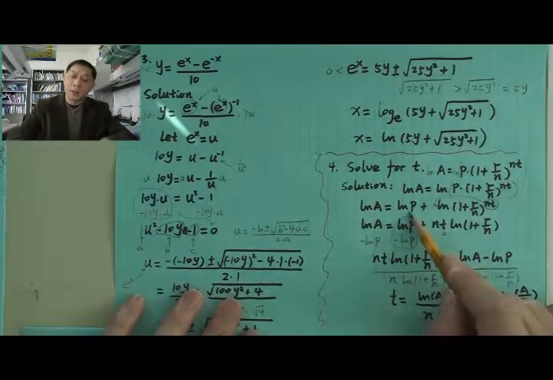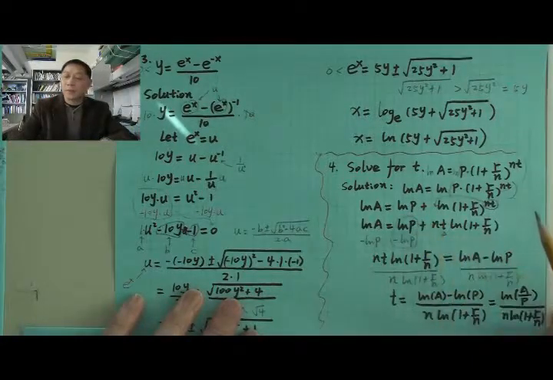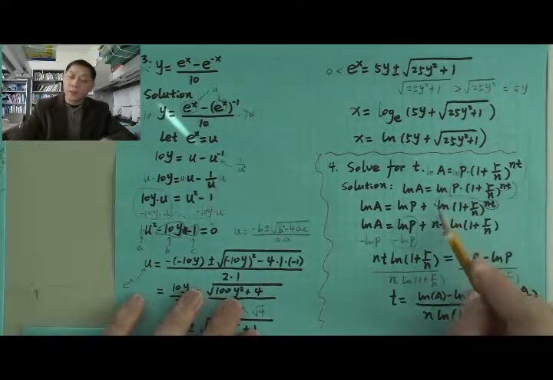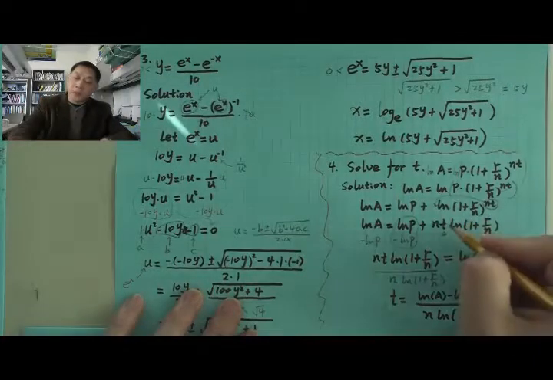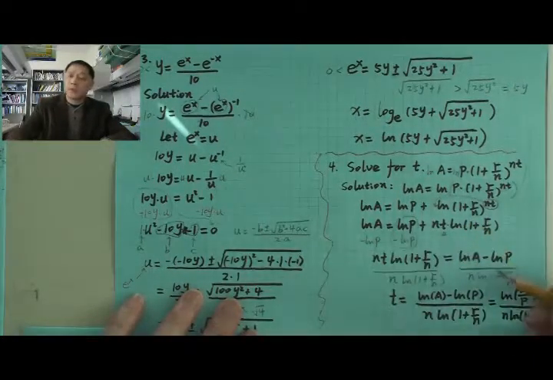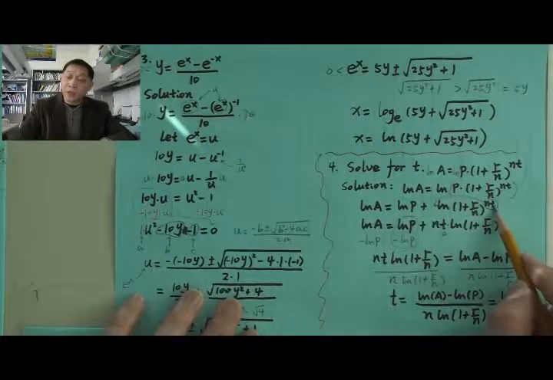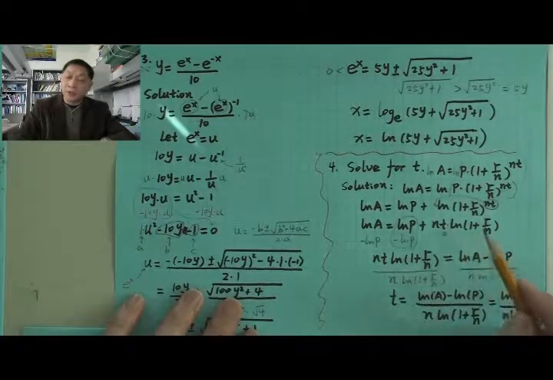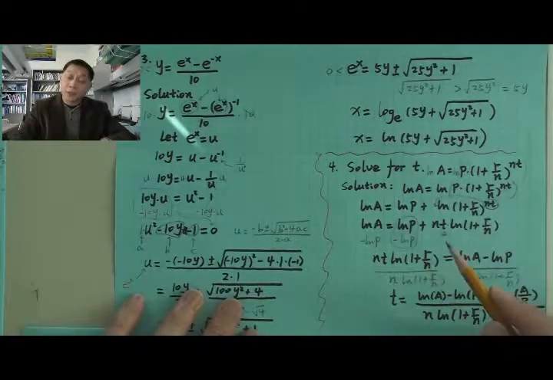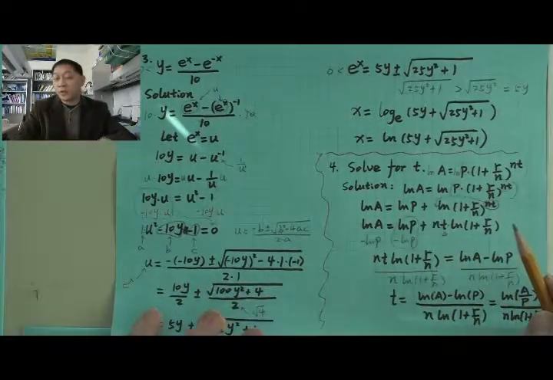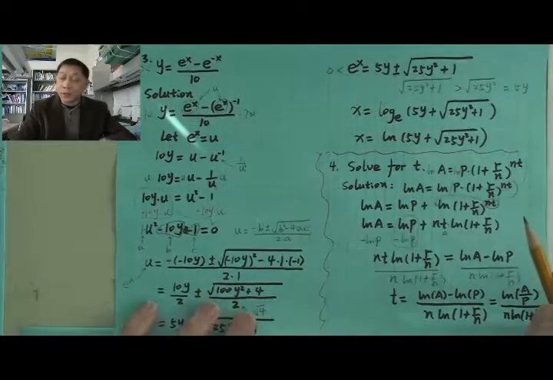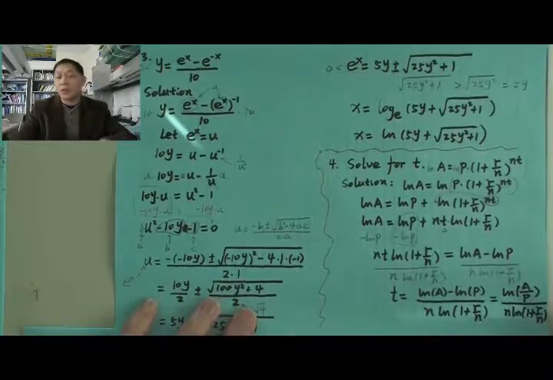Keep natural log P here. Now bring this one down to the front. That means this is multiplication now. Basically, the logarithm is very powerful. It changes the exponent operation to multiplication, multiplication to addition, and division to subtraction.